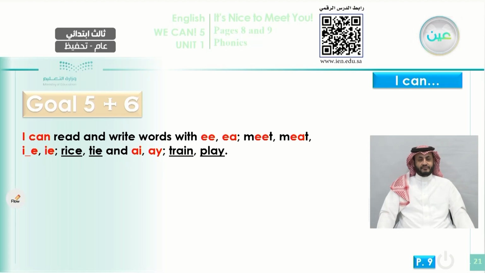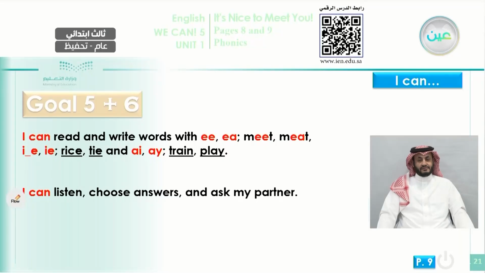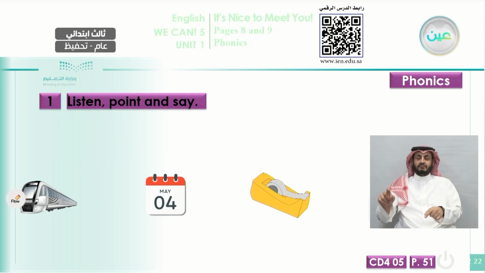If you can write these and pronounce them correctly, that means you are successful in achieving the goal. Did you listen? And can you listen? Choose the answer and ask your partner. Also, you can do that.